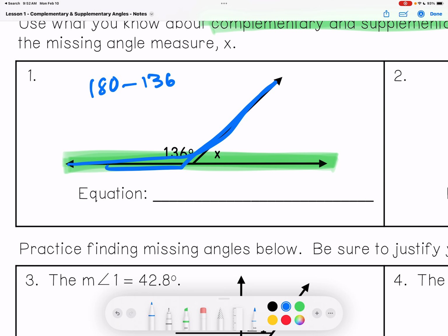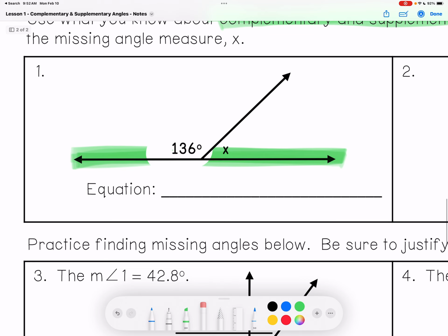If I know that's 180, and I know that this angle is 136, can I not find the missing angle by subtracting those? Yes, I can. So I'd go 180 minus 136, and what would you get? You would get 44, okay? But that's not what it's asking. It wants the equation. So let's write it as an equation. What is the equation going to be?